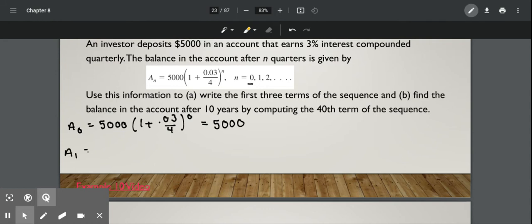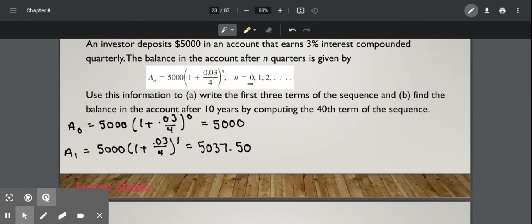So a sub 1 would be 5,000 times 1 plus 0.03 over 4 to the 1. And if you calculate that, you type that in, you get 5,037.50. And I would put the 0 there because we're talking money, so that's 50 cents.